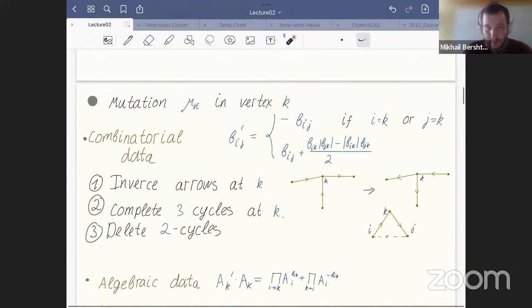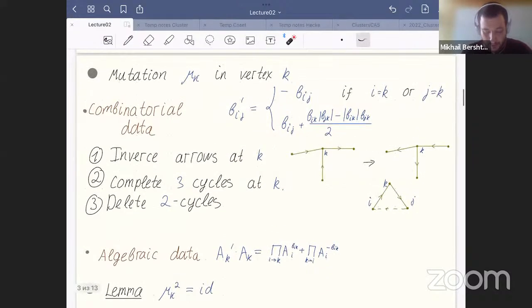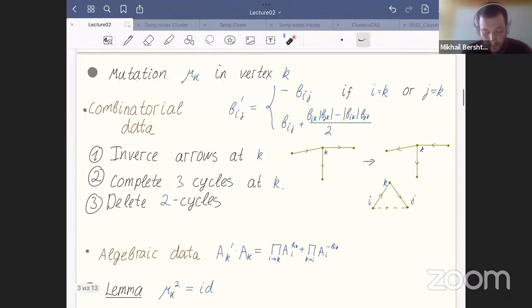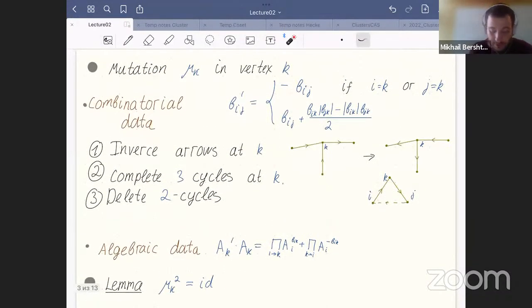Okay. So this is the definition of the mutation of the combinatorial data, and mutation of the algebraic data is simpler.